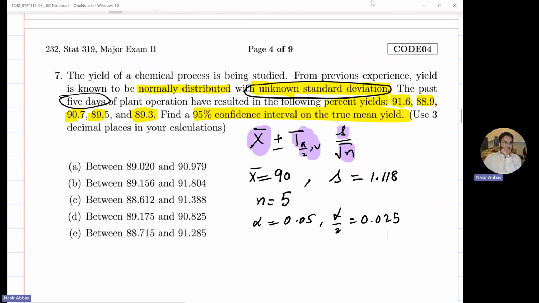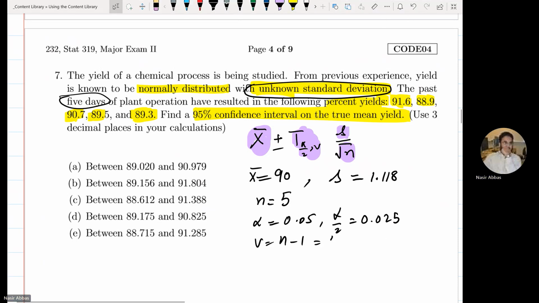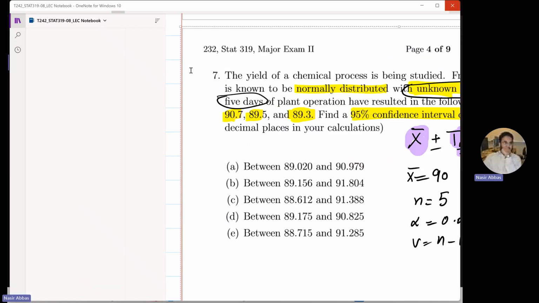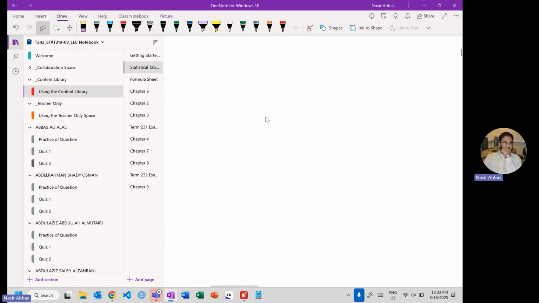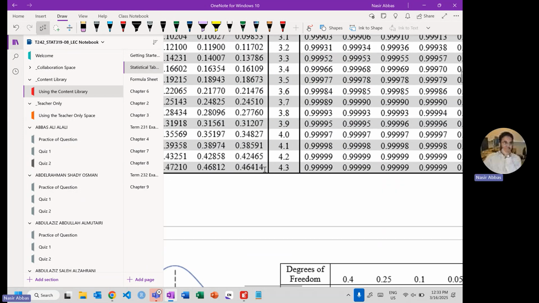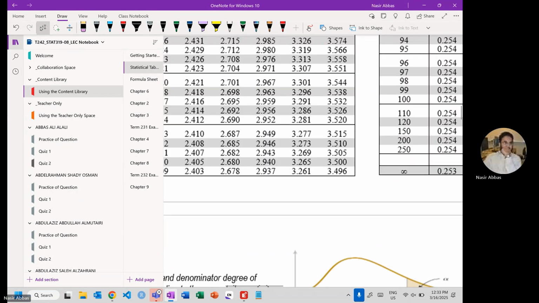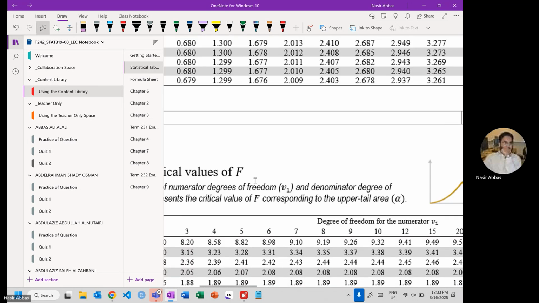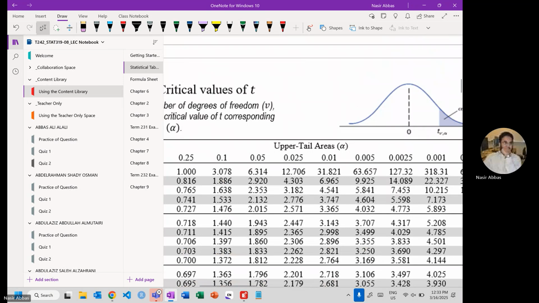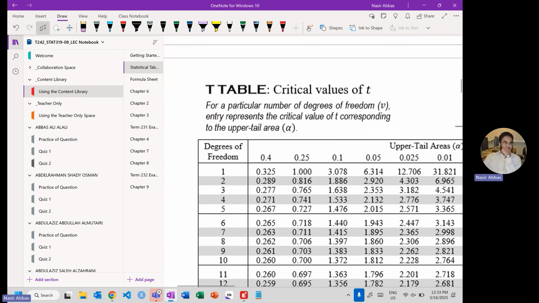So go to the T table, 4 degrees of freedom, and look for 0.025.